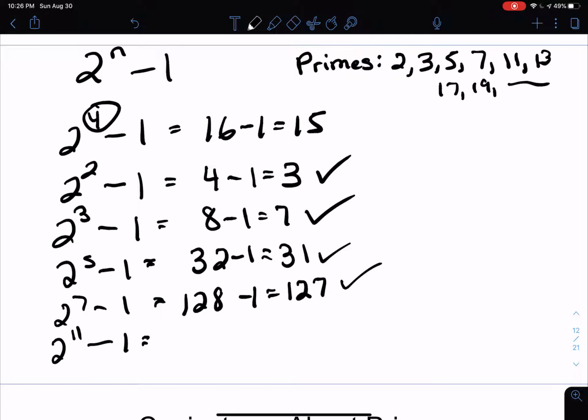So 2 to the 11th is 2048, and then minus 1 is 2047. I think that was one of the ones that was not prime, but I don't remember. I'd have to go back and look. I don't want to take your time right now to check, but I'm pretty sure that one's composite.